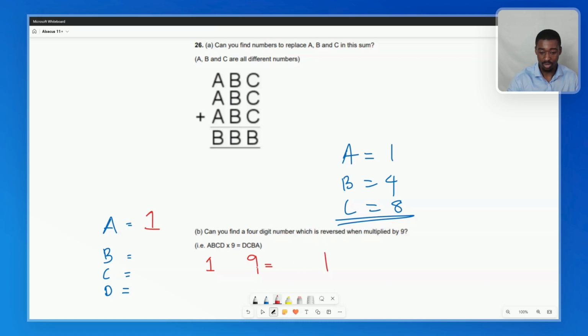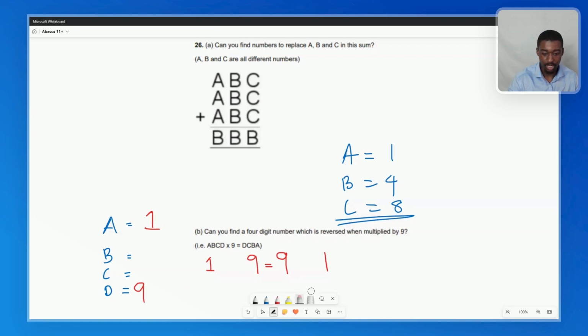So therefore, the last number, D, has to be 9. But then, if D is 9 over here, D has to also be 9 over here, which again makes sense. So now we have two numbers, A and D. A is 1, D is 9.